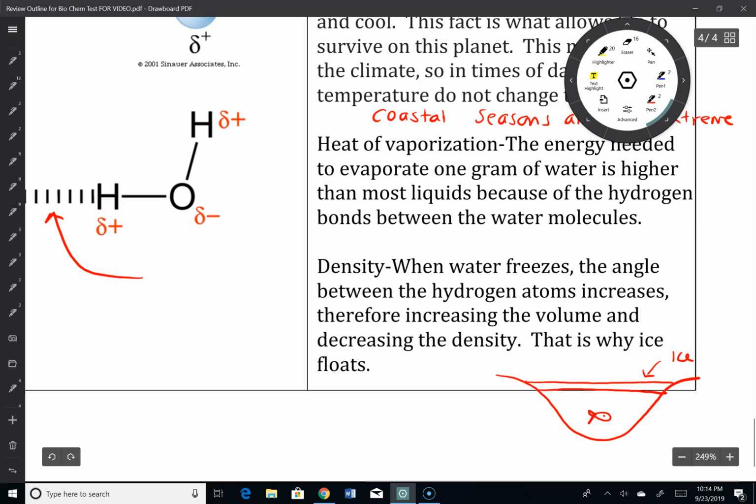So let's say it's negative 20 degrees Fahrenheit out here. It's kind of like a little insulator, which I know sounds crazy. You know that this water is going to be about 32 F, which again is cold, but it's pretty warm compared to negative 20. And that all happens because of the regular pattern, or the lattice structure, that forms, increasing the volume, decreasing the density.